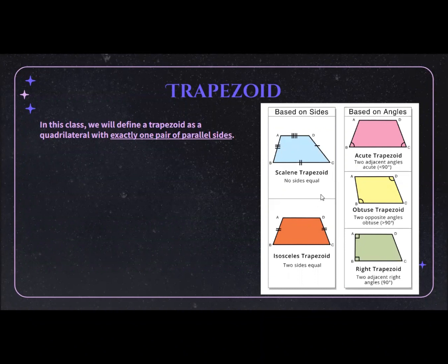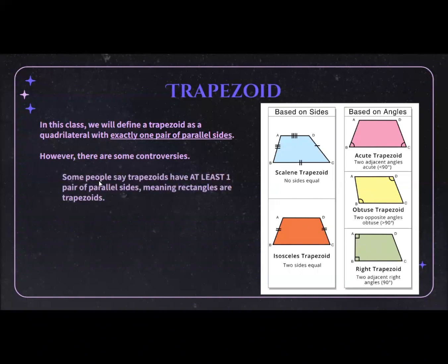There are controversies where some people say rectangles, squares, and parallelograms are trapezoids. I don't think so, and most of you probably don't either. So we're going to set the record here: it has exactly one pair, no more, no less.